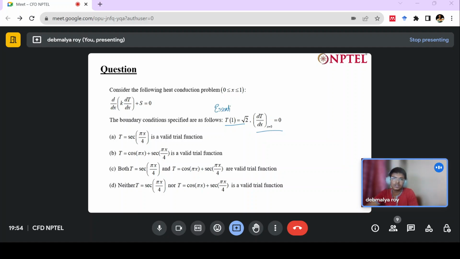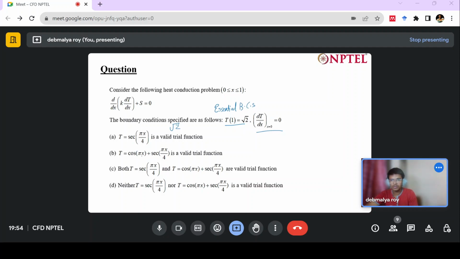We have to check whether this is satisfied by the trial functions given or not. So what about this? If I substitute x is equal to 1, we get sec pi by 4, and sec pi by 4 is indeed root 2, right? So this is satisfying the essential boundary condition. We won't check for the natural boundary condition, that is not required.